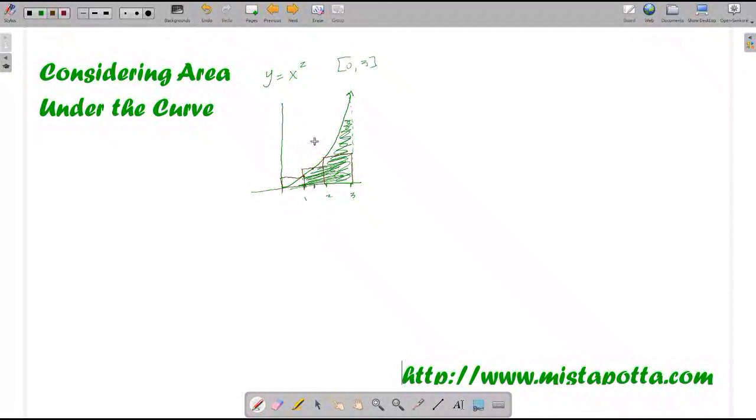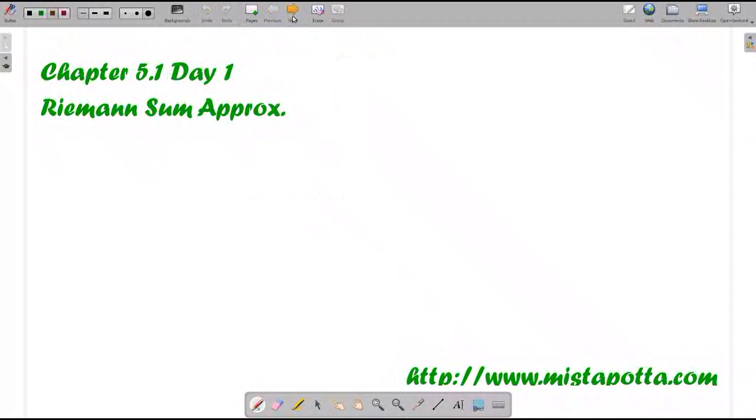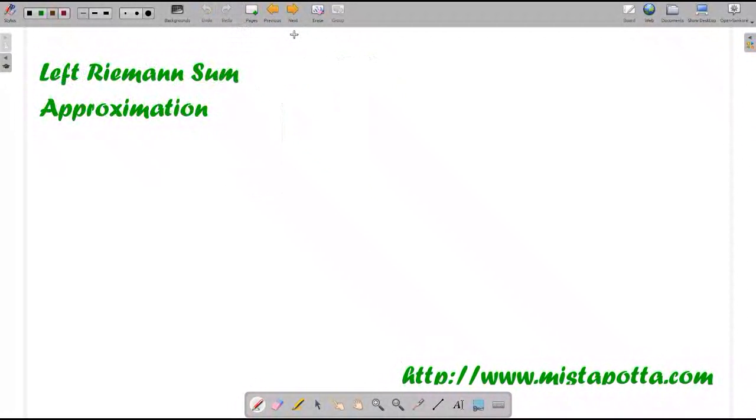There are three different ways of looking at these rectangular approximations, but all of these come through the mathematician Riemann. He was one of the first ones who talked about how to approximate the area under a curve by using rectangles.